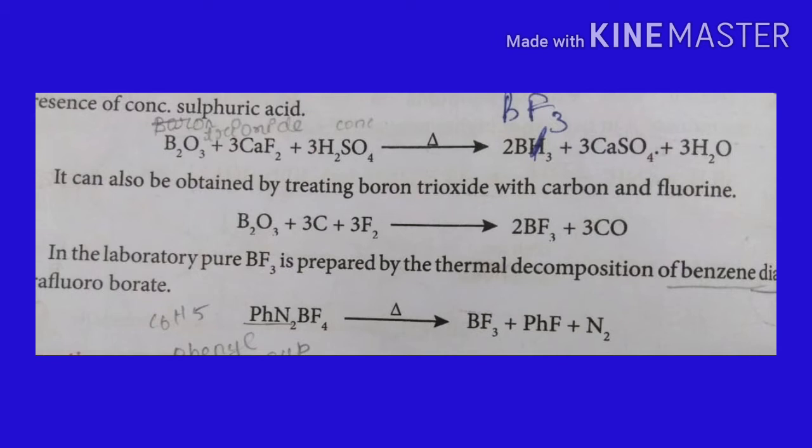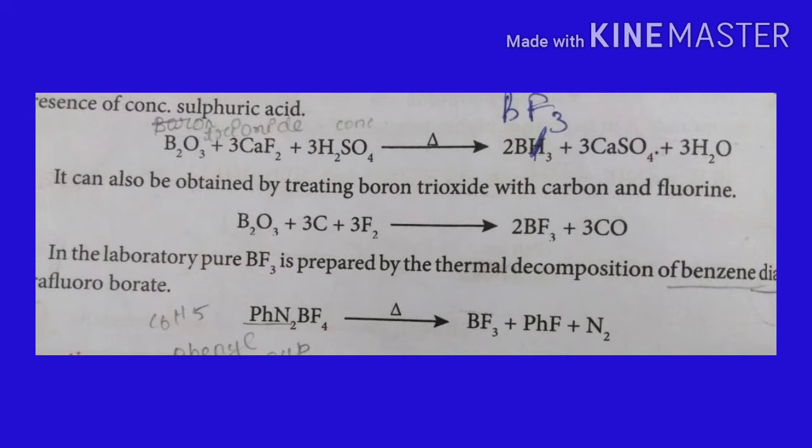By the thermal decomposition of benzene diazonium tetrafluoroborate. See the picture? Benzene diazonium tetrafluoroborate. See the formula. Benzene is mentioned as the phenyl group, Ph. So phenyl is benzene, C6H5.